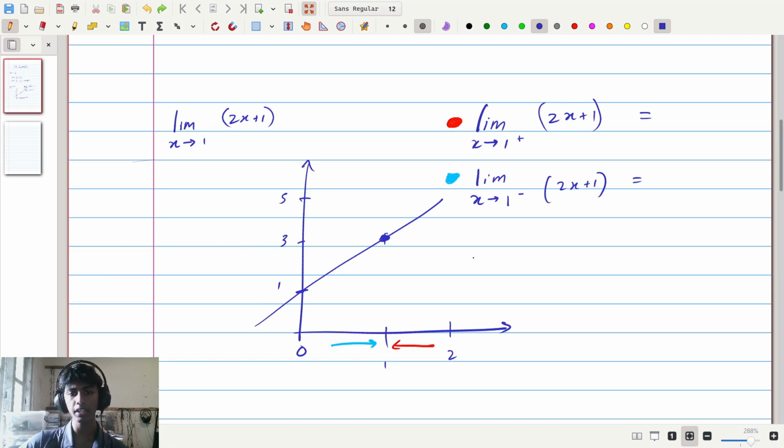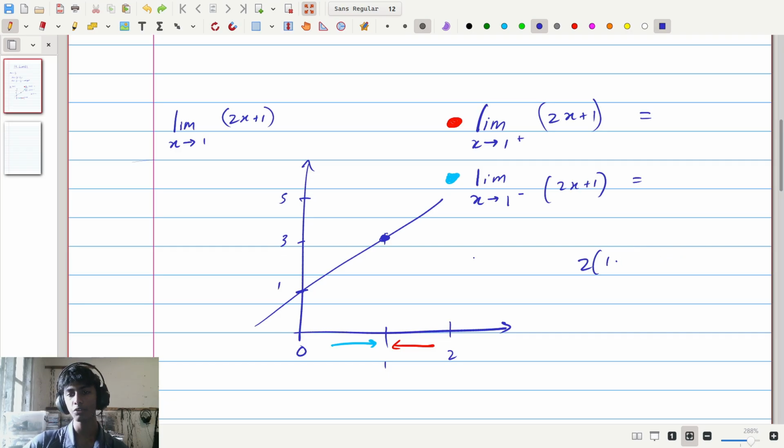If we instead try a number that is closer to 1 but still greater than 1, let's say 1.5, substituted into here will be 2 times 1.5, which is 3, plus 1, which is 4. If we try a value that is even closer, let's say 1.1, we will have 2 times 1.1 plus 1, which is 2.2 plus 1, which is 3.2, which is close to 3.